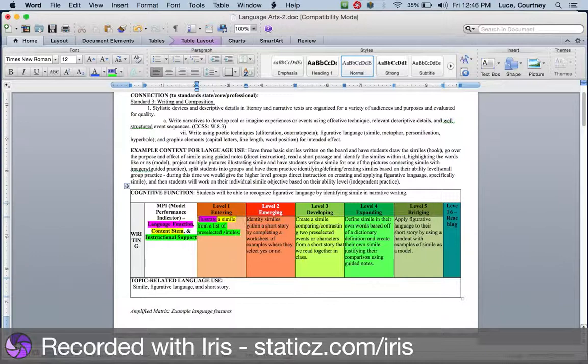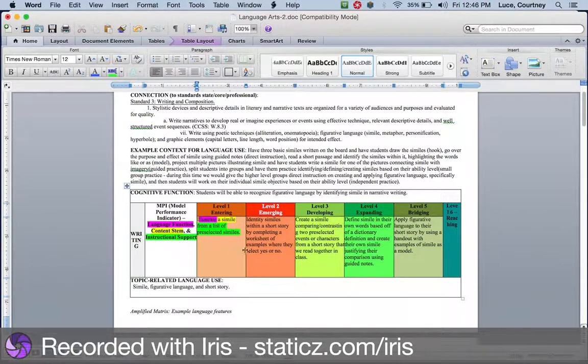Okay? And if you look, every single one of these pieces has a language function: identify, create, define, apply. Every single one has a content stem: similes within a short story, a simile comparing and contrasting, simile in their own words, or applying figurative language to their short story. So every single one has a content stem, and then almost all of them have, in this one, all of them have an instructional support.